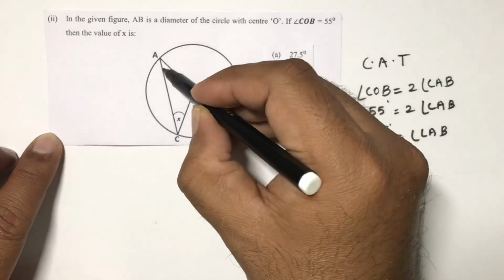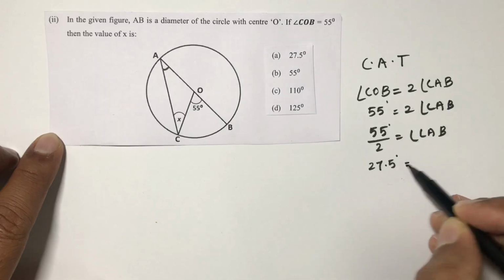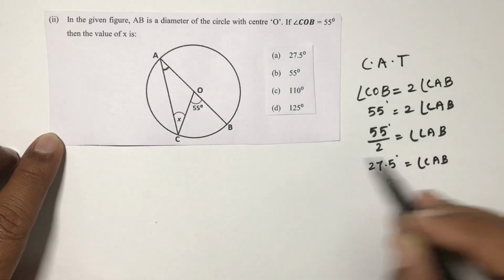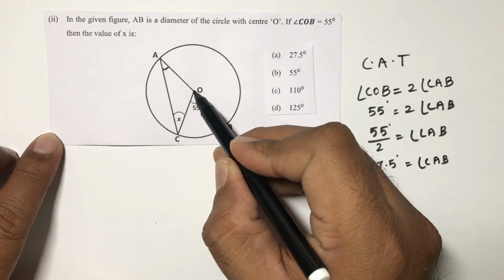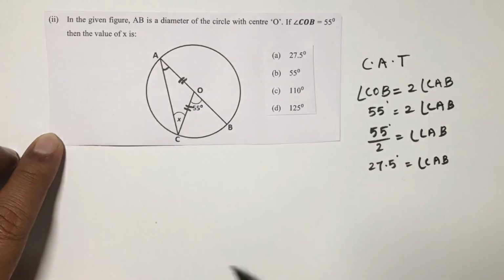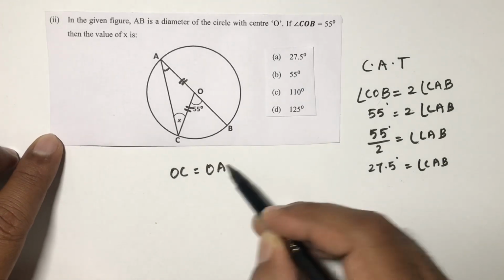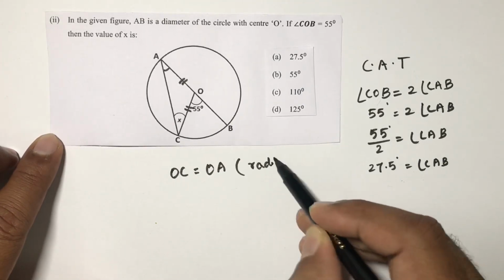So this angle, CAB, is 27.5 degrees. But they are asking for OCA. But see, OC equals OA. These both are radii. So OC equals OA, reason is radii.